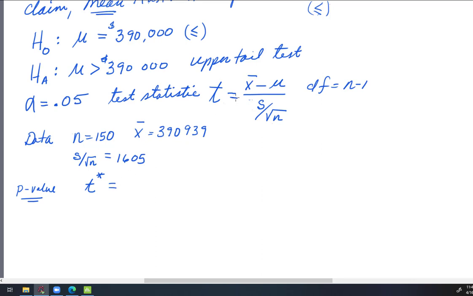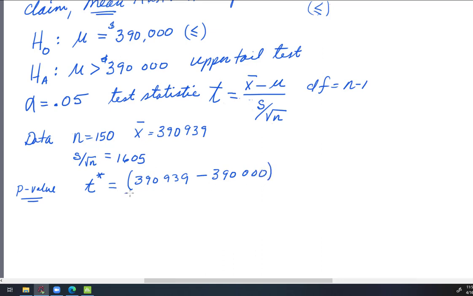Now, here's what t is. So x bar, where do we get x bar from? We get it from the data. So I see that x bar is 390,939. So there's x bar minus mu. Mu I get from the null hypothesis.